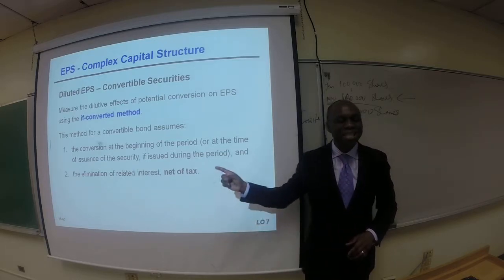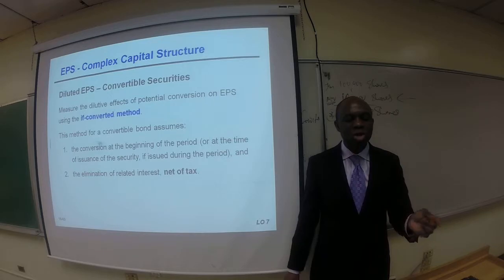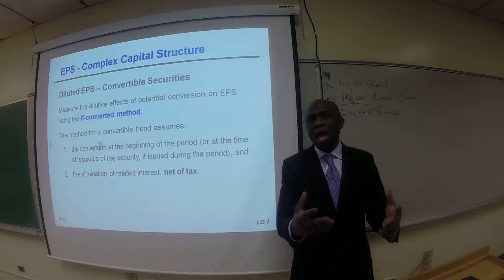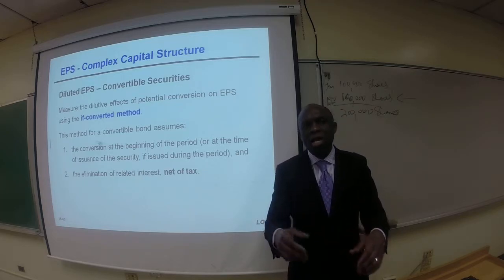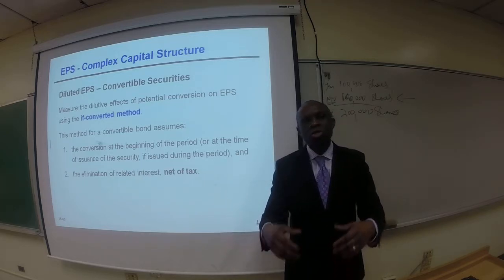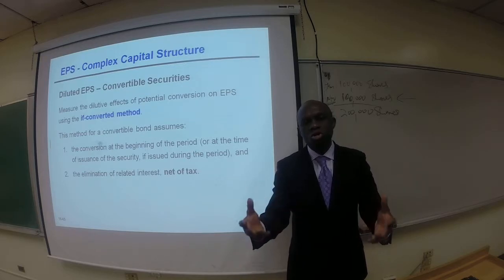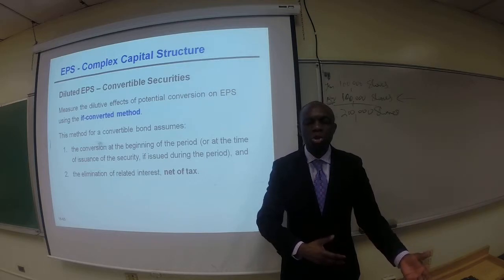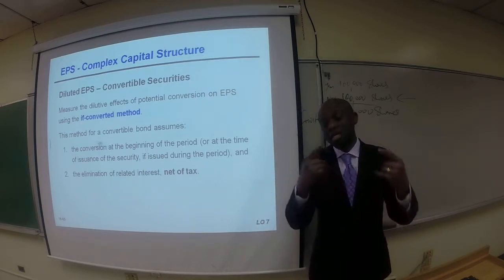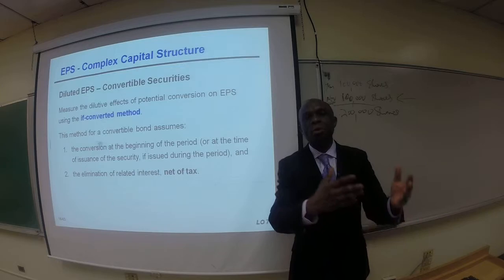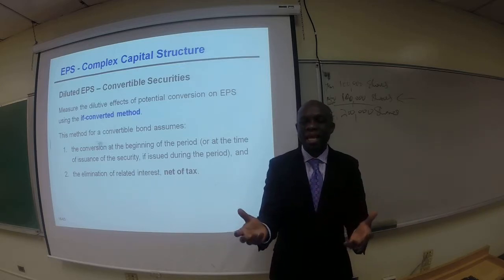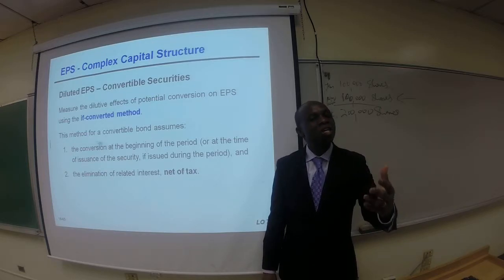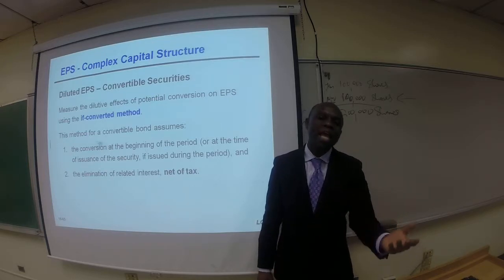And number two, the elimination of related interest net of tax. What does that mean? Remember, when we have a bond, we have to pay interest, and the interest is an expense. So the interest expense was taken into consideration in calculating the net income. If we are making the assumption that those convertible bonds were converted, then we need to add the interest expense to the net income.